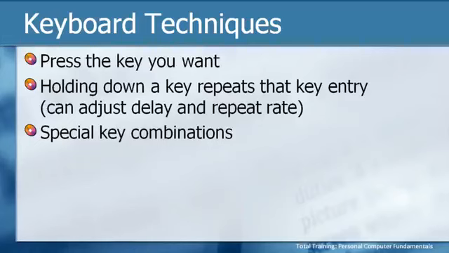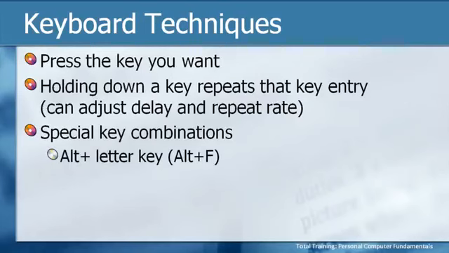And other things, for example, Control-Alt-Delete, which is a very common combination to do things like restarting your computer, you need to hold down all three of those keys at the same time. Anytime you see a plus sign between keys, that's how you know that you should be holding them down instead of pressing them individually.